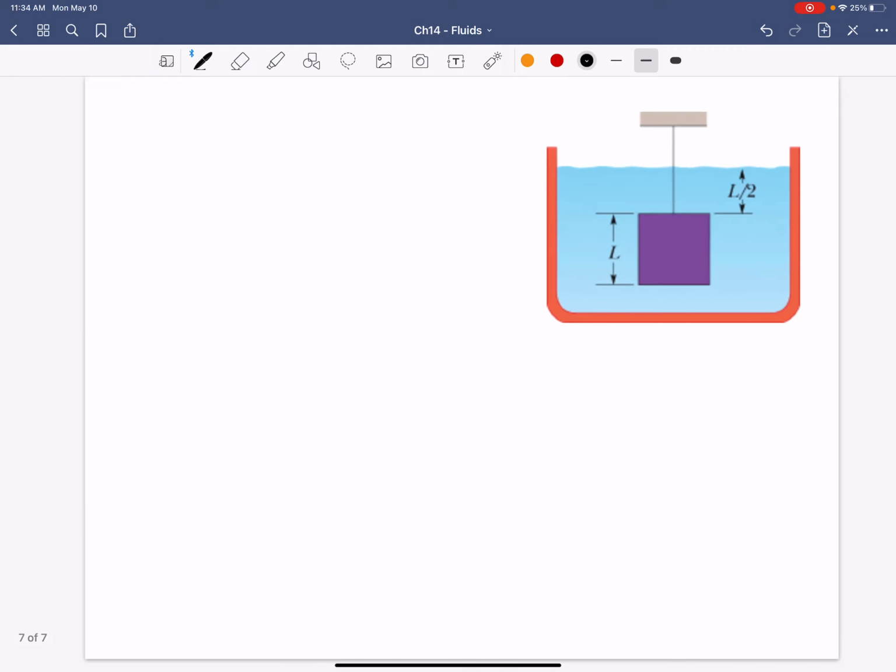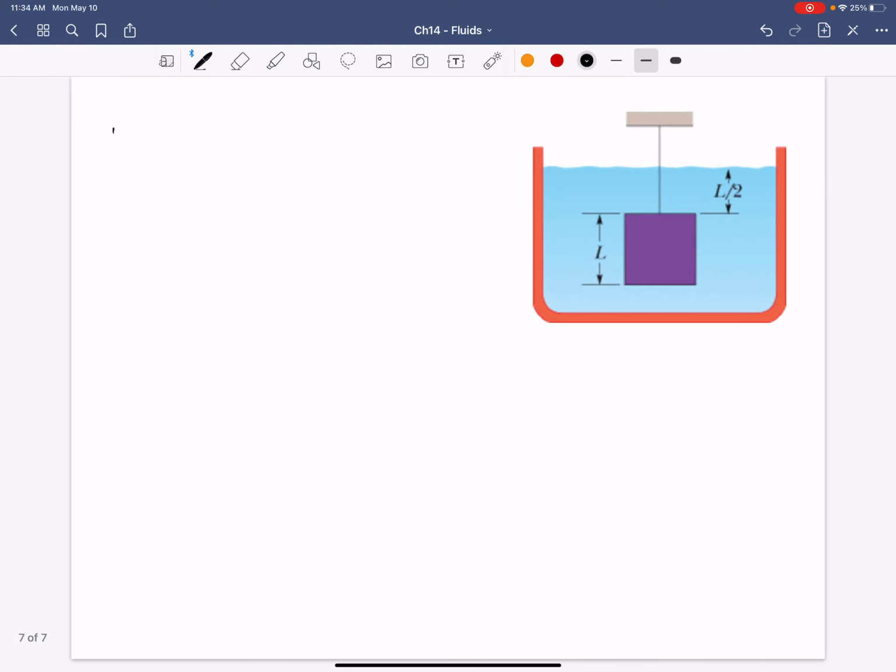So for part A, the total force on the top of this face right here, which has an area of L squared, by the way, is submerged under the surface by a distance L over 2. Contributing to this force is not only the weight of the water above this depth, but also the weight of the air molecules above the water.